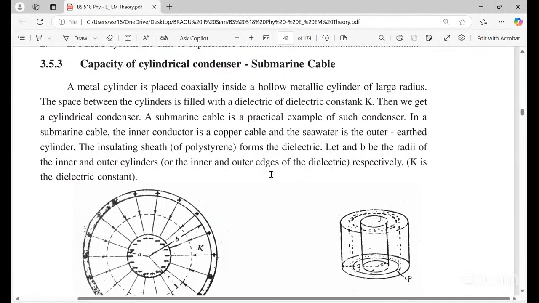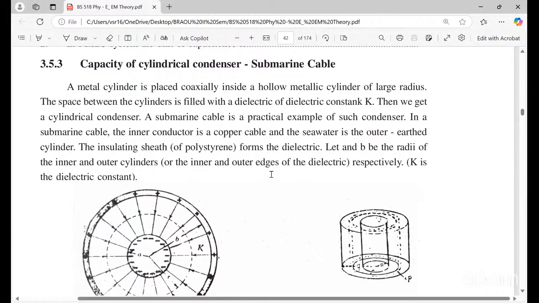Let us consider that small b is the radius of the outer cylinder, where small a is the inner and b is the outer cylinder's radius.